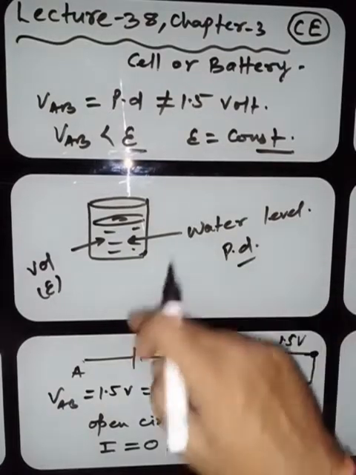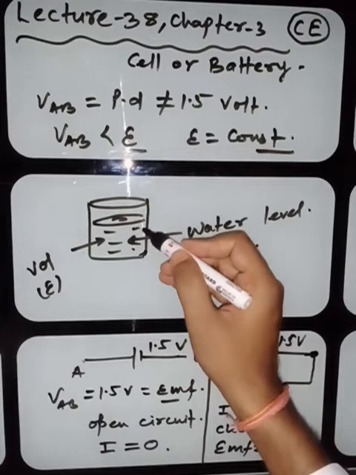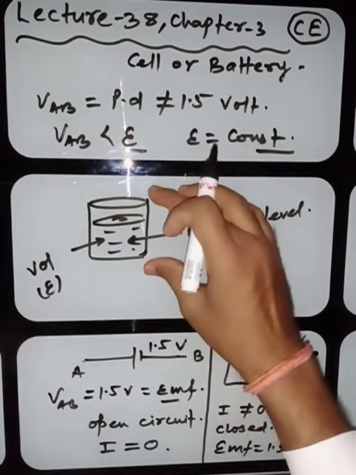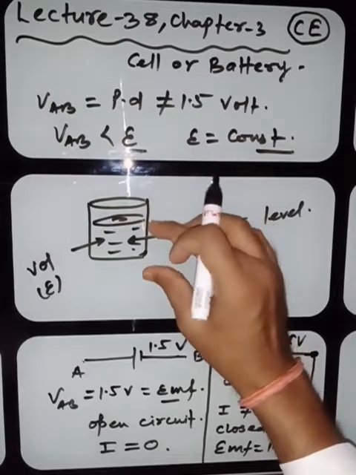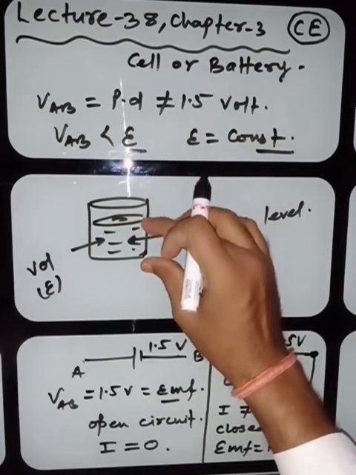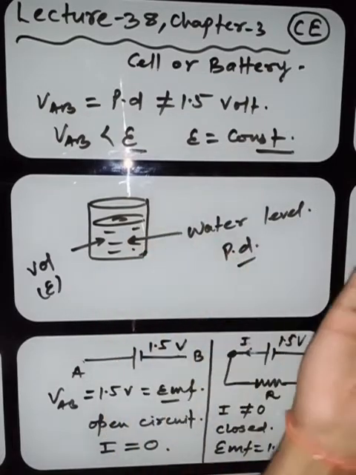As the level goes down, remember, the volume of the tank is not going to decrease, but here the potential, that is the level of water, is decreasing, and this water is going somewhere else.